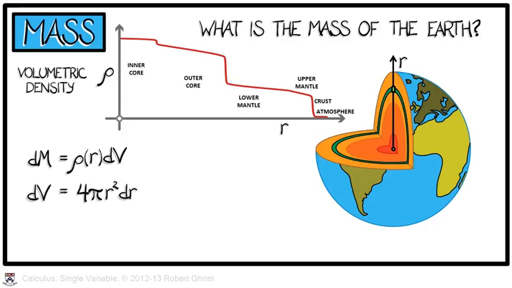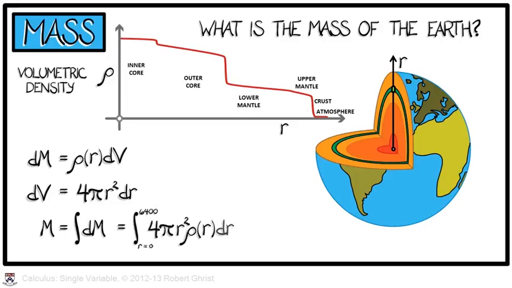Well, that is the surface area of the sphere of radius r, 4 pi r squared, times the infinitesimal thickness, dr. This gives us the mass as the integral of the mass element. That is the integral of 4 pi r squared times rho of r dr. This would be measured, of course, as r goes from 0 to 6,400 if we were doing this in terms of kilometers.